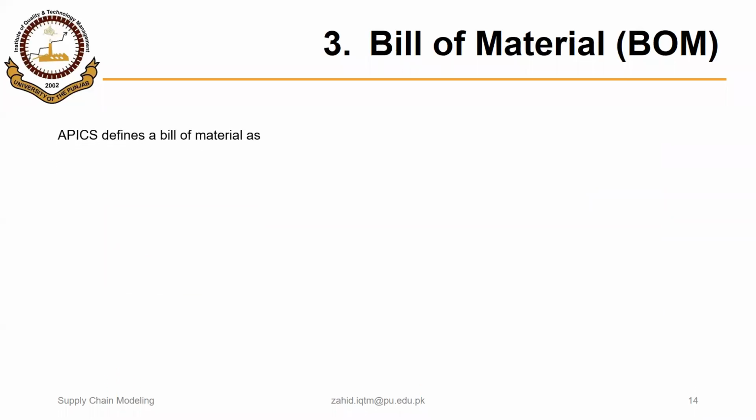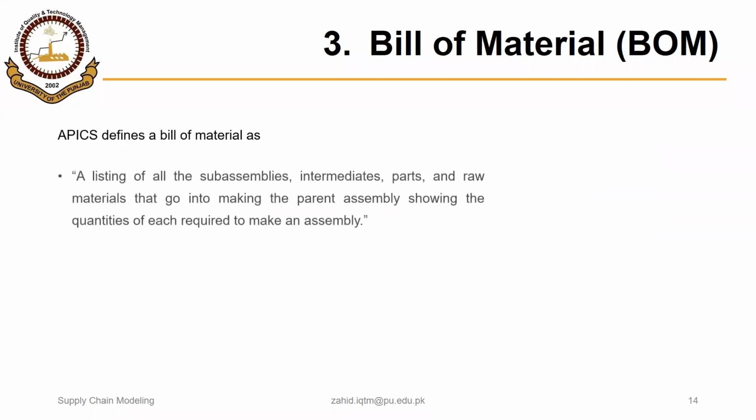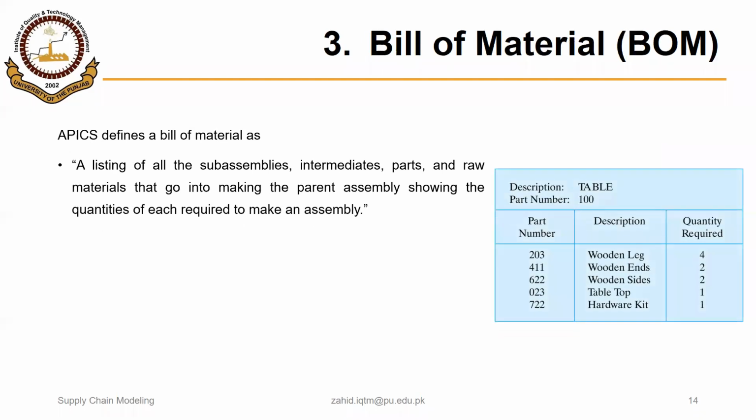The third important input is bill of material. It is a listing of all the sub-assemblies, intermediates, parts, and raw materials that go into making the parent assembly, showing the quantities of each required to make an assembly. One important thing that I feel is missing in this definition is that other than the quantities, the level is also described by the bill of material.